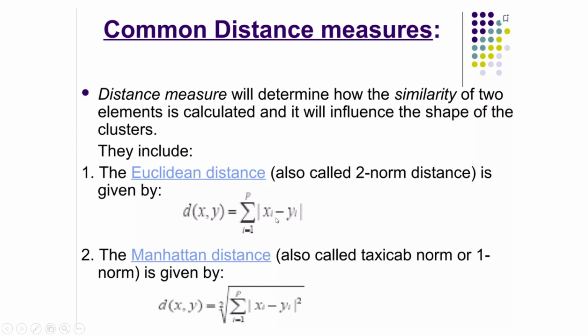xi and yi are the data points of the clusters we are going to classify based on the distance, whereas Euclidean distance is given by the formula d(x, y) equals square root of sigma i equal to 1 to p, mod xi minus yi whole square.